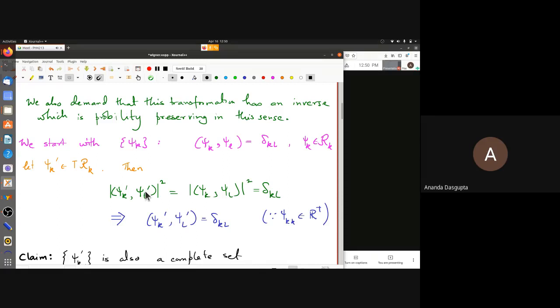I've proven that. How do you go from there to the statement that the object is still delta kl? After all, if you know something has a magnitude of 1 or 0, they could be phases. So why am I claiming that the inner product of psi k prime and psi l prime has to be delta kl?